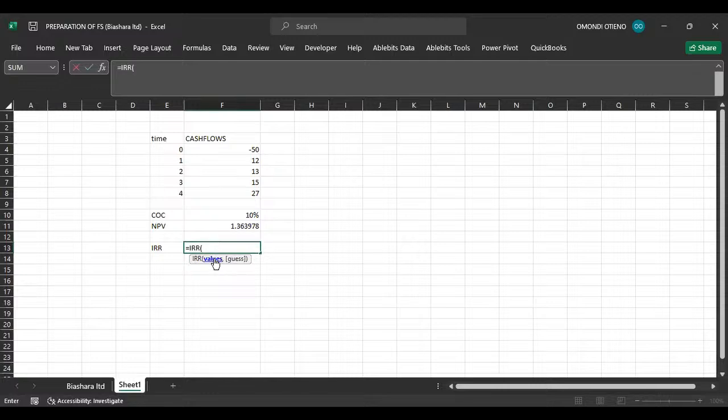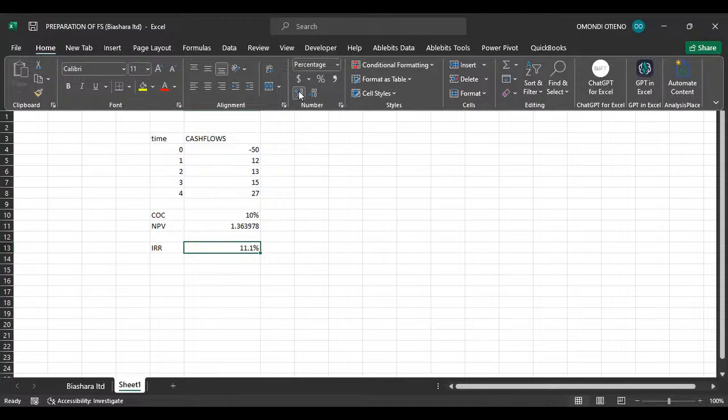Values. So you see now that it wants you to pick all the values. It's not saying value 1. It wants you to pick all the values like that. And then you close. You don't go for the guessing. You say enter. Increase the decimals, please.